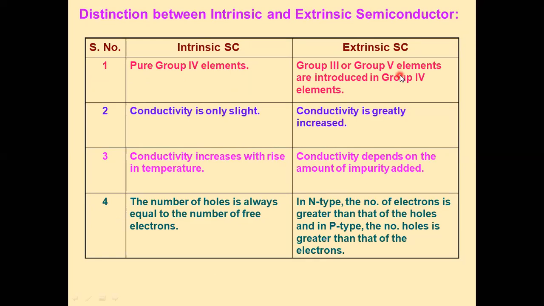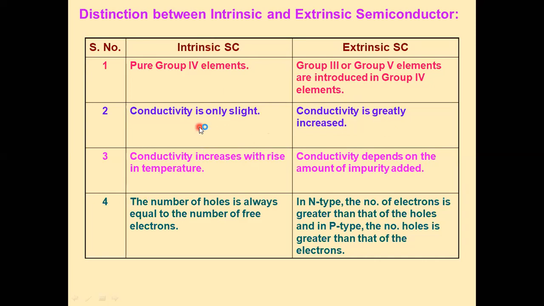The extrinsic type of semiconductor is one in which group third and group fifth elements are doped in the group fourth element. The conductivity of the intrinsic one is very small, but the conductivity of the extrinsic type of semiconductor increases due to the increasing majority carriers.